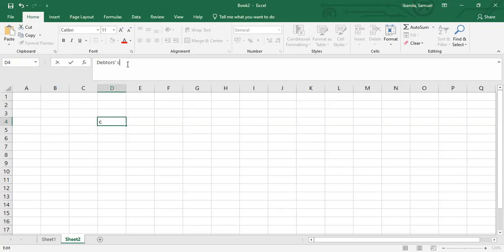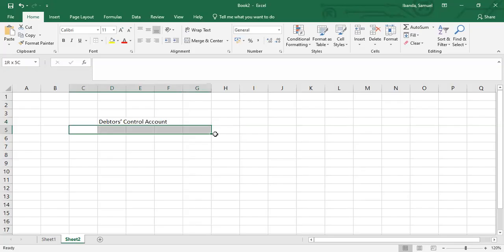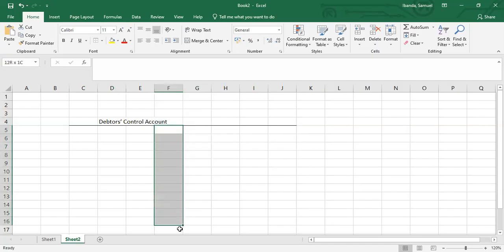Since we don't have a name here, let me just try to draw my T account right there. Then I'll just draw my account right there.